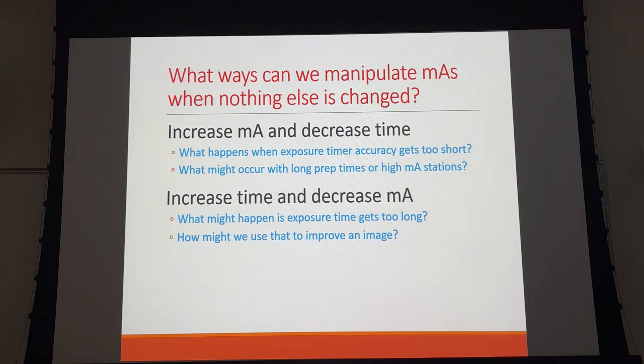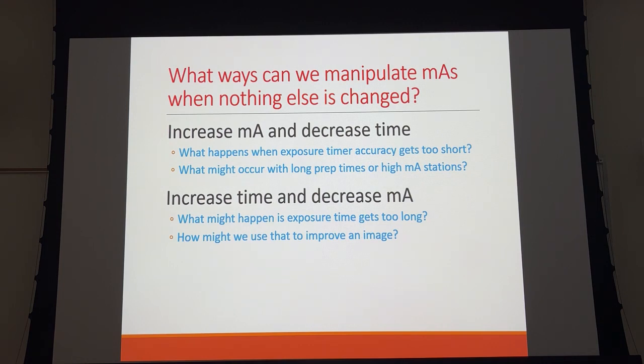We talked a bit about reciprocity. You increase mA, decrease time, you can arrive at the same mass value. We talked about when we might want to decrease mA and increase time for a breathing technique. Those things would be like a sternum, lateral T-spine, wagging jaw, if you remember the Ottonello method in the spine. So there are times to use motion to try to get rid of some overlapping anatomy, but that's pretty rare.